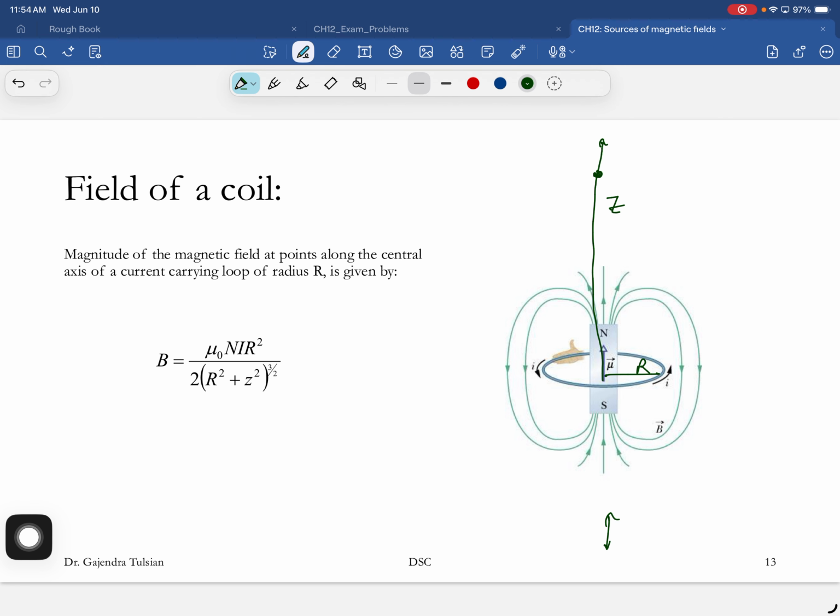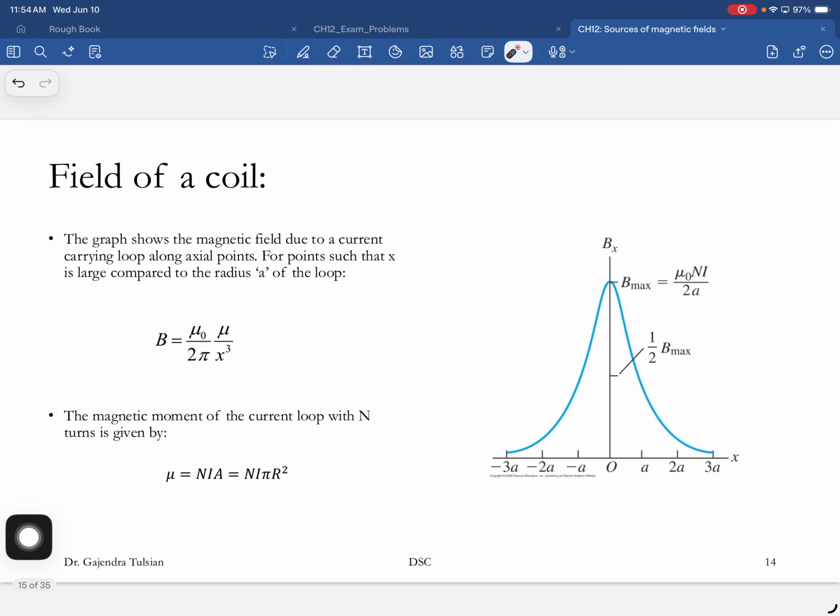Okay. And again, there's that expression for points along the axis. Now, if R is much smaller than Z, if you're far away, then you can throw away this term, R. It's negligible compared to that. And that is what this expression is.